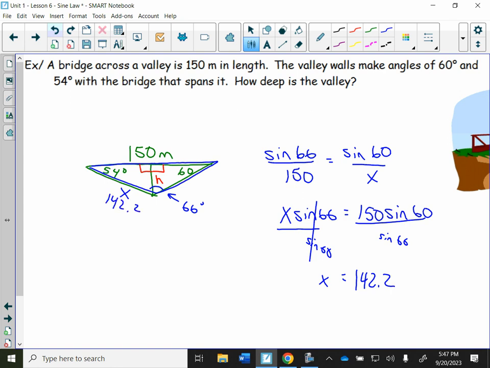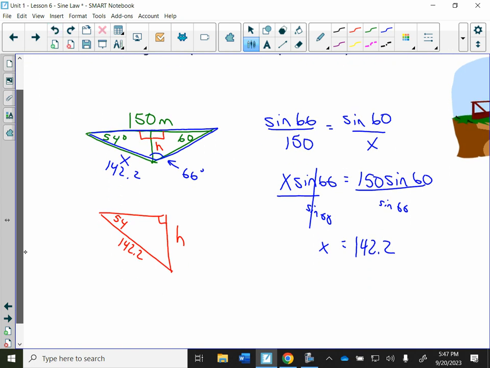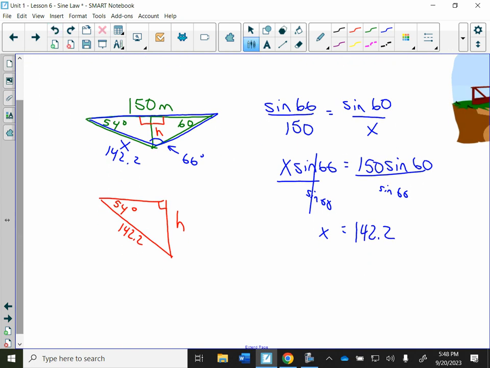That's really helpful for us because now I can think of this as a right angle triangle that has a height I want to know, an angle of 54, a hypotenuse of 142.2, and that is just a sine question.